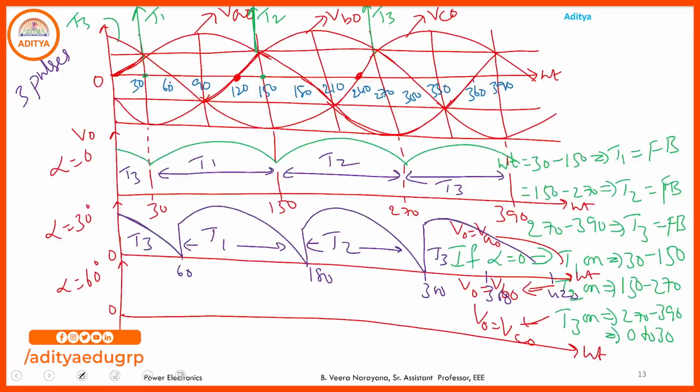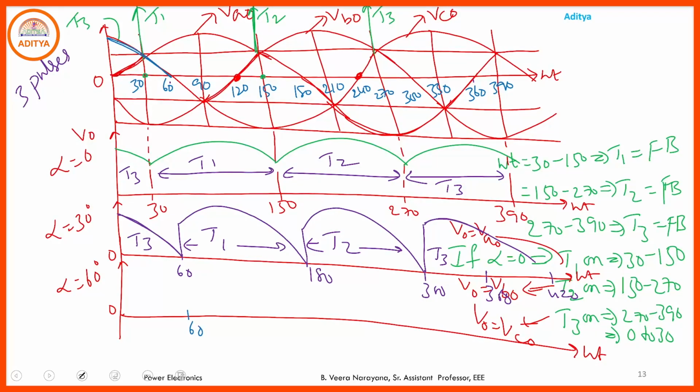But observe here, only from 0 to 60 you have the positive source voltage. After 60, negative voltage is available across T3. Hence when T3 goes to reverse biasing, then the output voltage waveform will be observed.